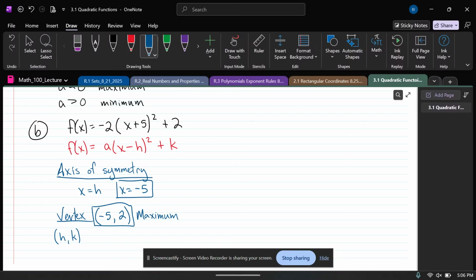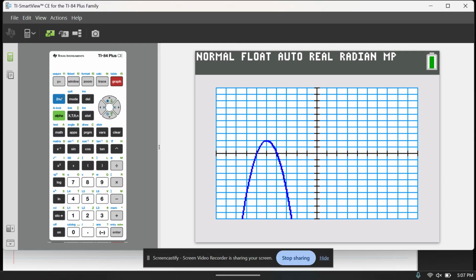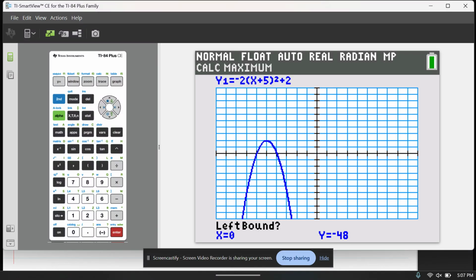I'm going to verify this using the calculator, just like we did on example A. So I'm going to hit second trace. And then this one has a maximum, so I'm going to go to the maximum tool. Hit enter.